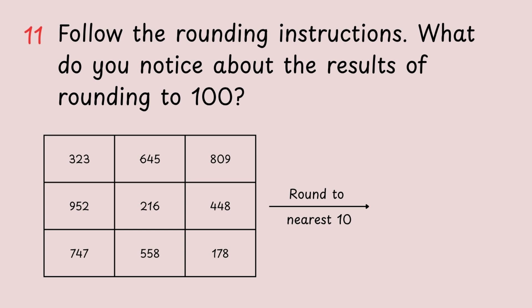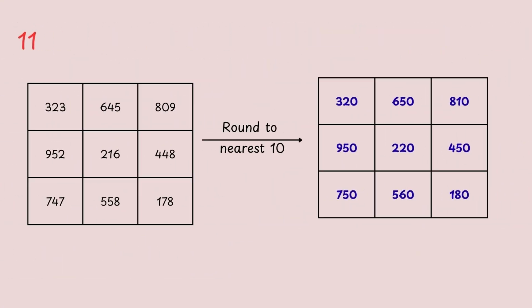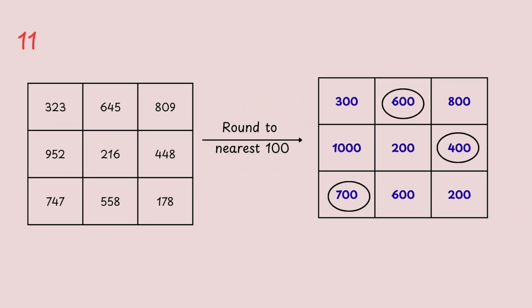So, when we round this table to the nearest 10, that will be 320, 650, 810, 950, 220, 450, 750, 560, and 180. And when we round this table to the nearest 100, that will be 300, 600, 800, 1000, 200, 400, 700, 600, and 200.